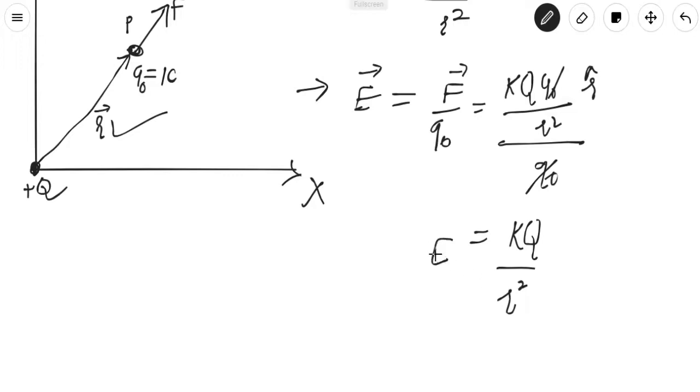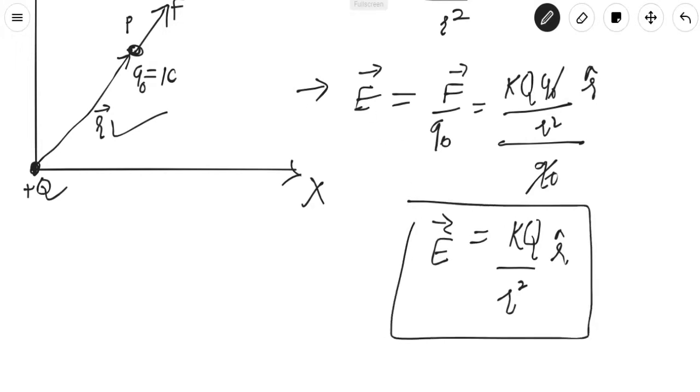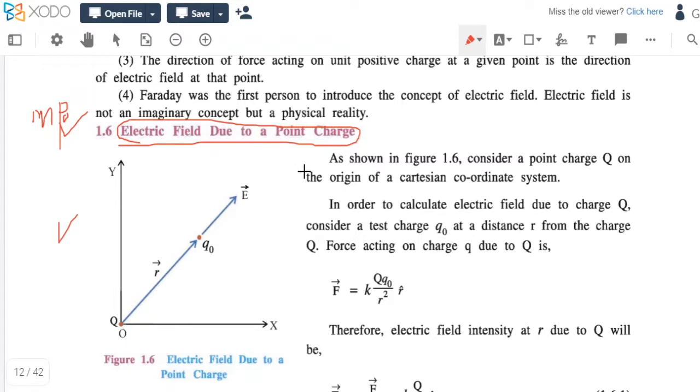Since it is in vector form, we write r caret. R caret shows the direction is outward, radial. So this is the equation. For 2 marks or something, this theory can be asked.